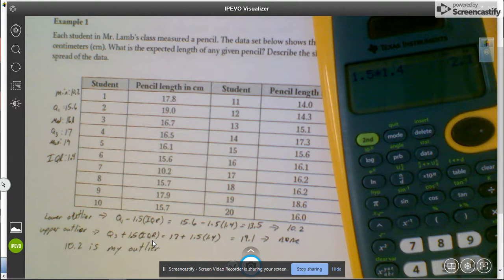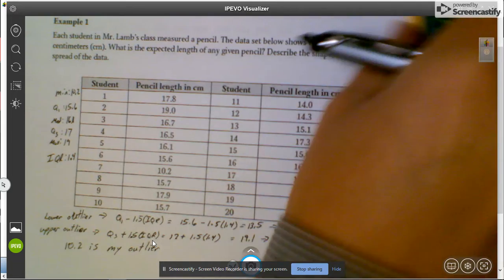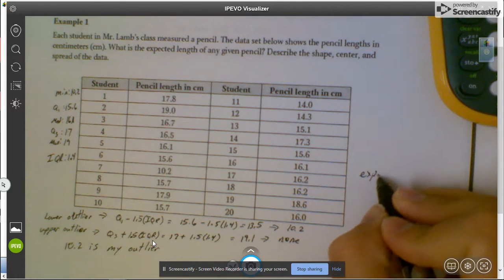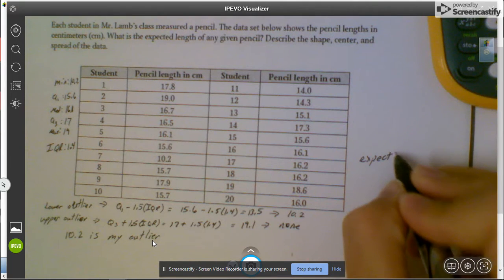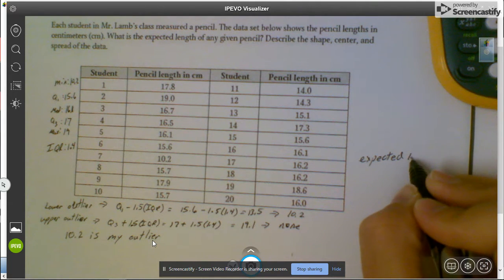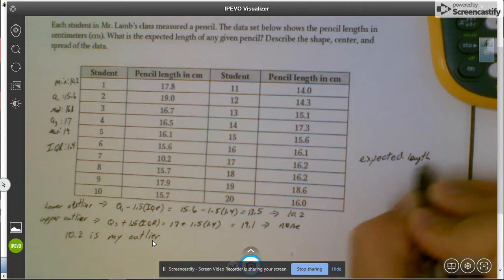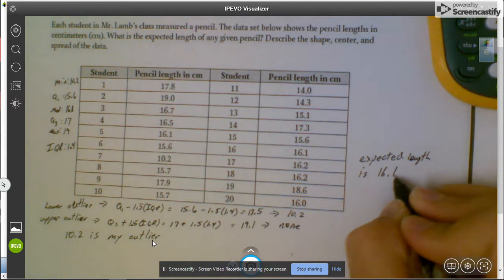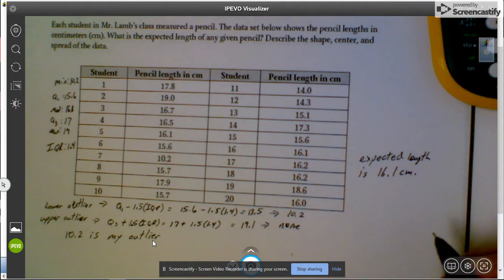We want to use the median. So the expected length is 16.1 centimeters. And we got that from the median.